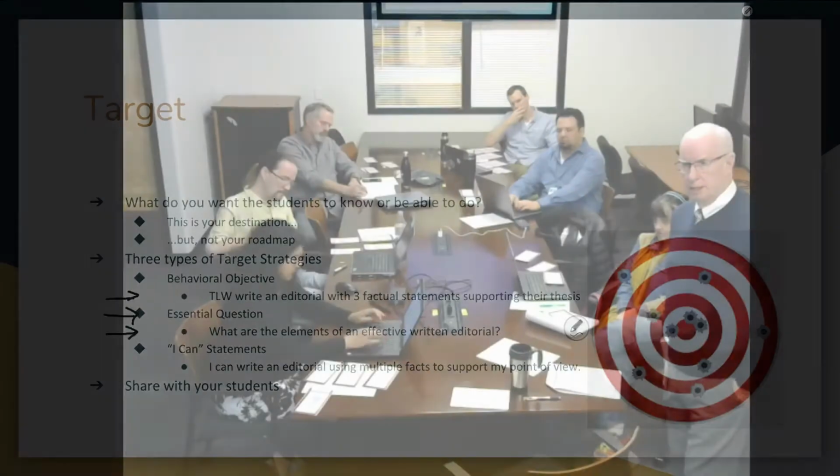So we're going to focus what we're asking our students to do by identifying our learning target. Think of the target as the destination on a trip. You say to your students, we're going to take a trip. And they'll go, hey, great, let's go. At some point, somebody needs to ask, wait, how are we going to get there?